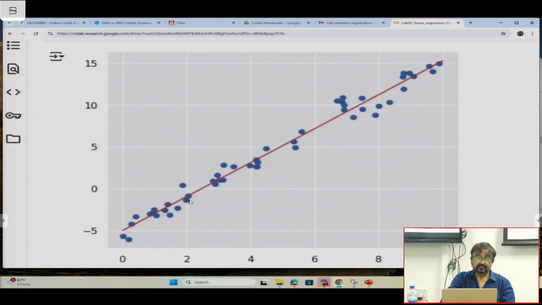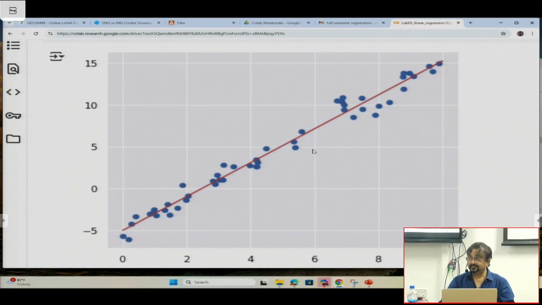So that's your data and that's your best fit straight line. This function gives you the values of A and B. Using A and B, you calculate your y and then you plot it on top of your data, and that shows you how well you are fitting the data.